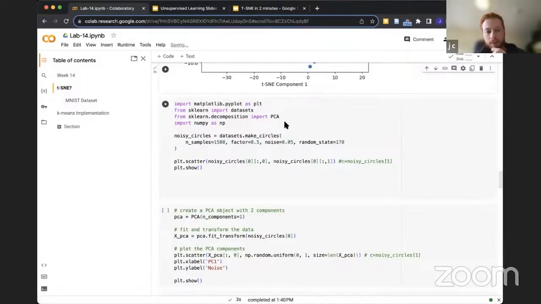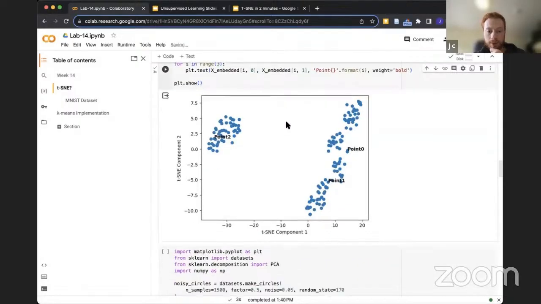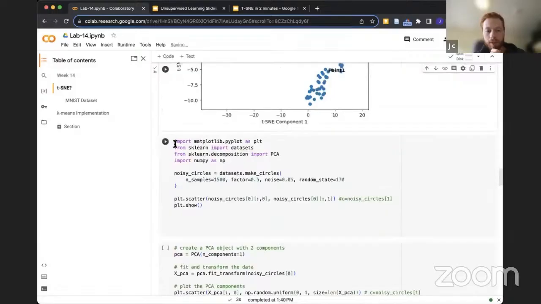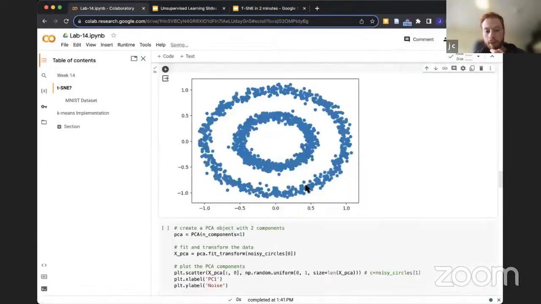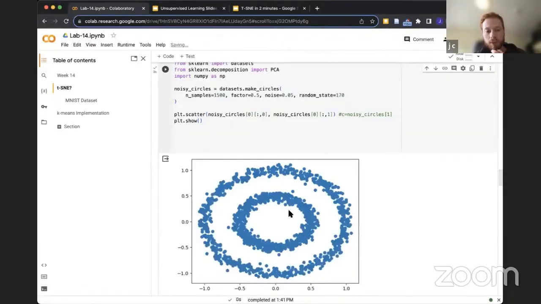Let's take a look at a different data set, which is a bit more clear about the ground truth. So here we have a data set with just 2 dimensions, so we can directly plot it. Same question again: how many clusters do you think are in this data set? One cluster?